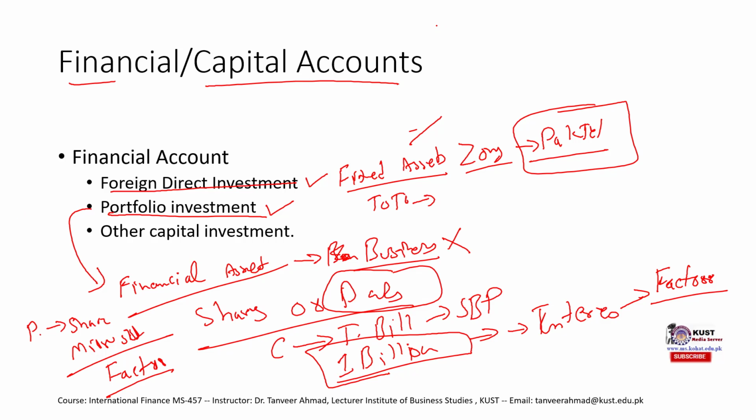So I discussed an example that in Pakistan there was an interest rate of 14%, and obviously there was a reason to control inflation, but one of the reasons is to lure the foreign investor to deposit money into Pakistani banks.